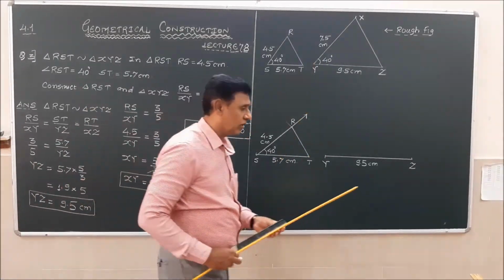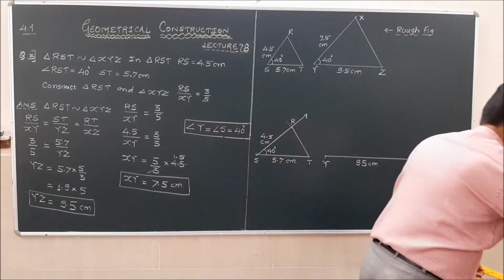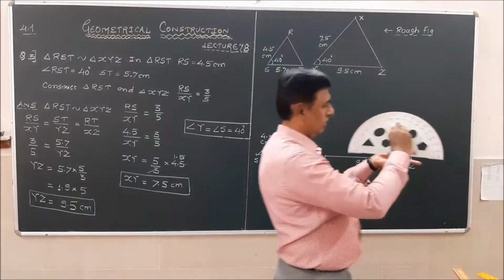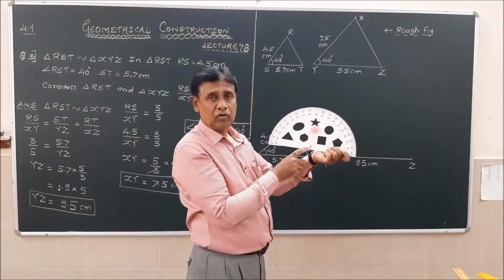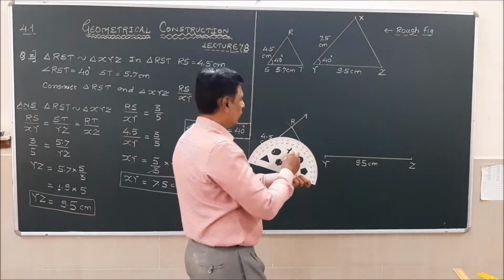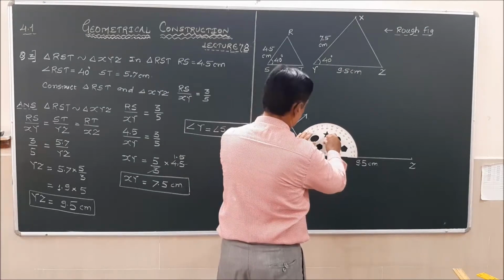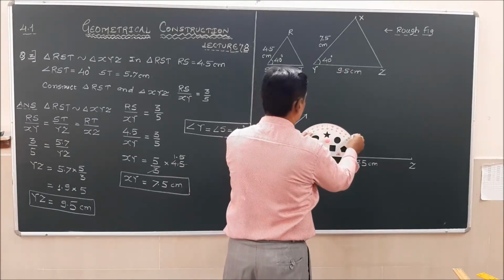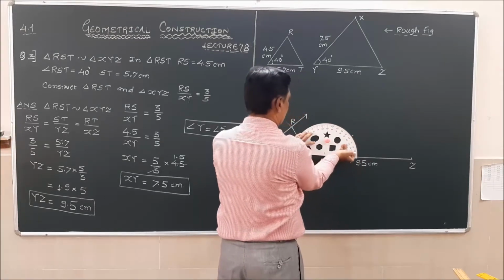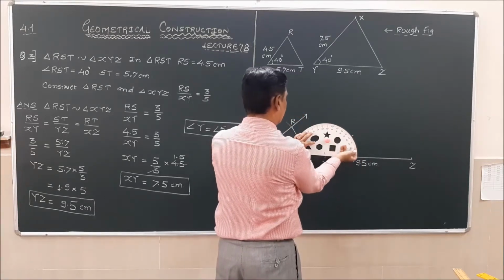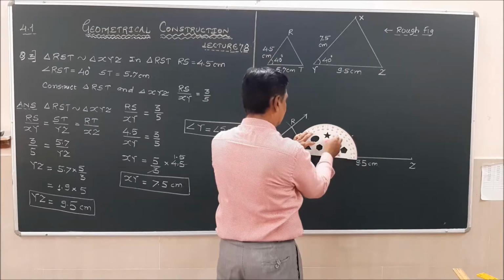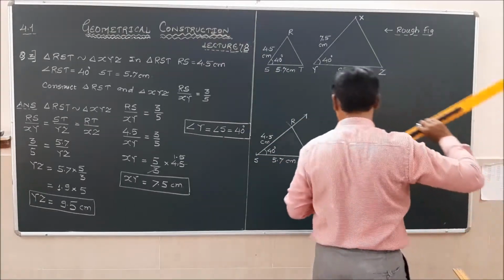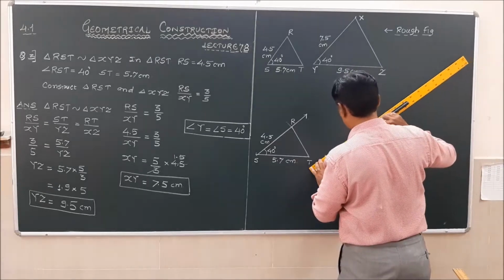Angle Y is of 40 degrees. Same way, this is the center of the protractor. I am going to place it on Y. The measure of the angle is the same, 40 degree. Follow this 0 degree scale, 0 to 40. Then draw an angle of 40.